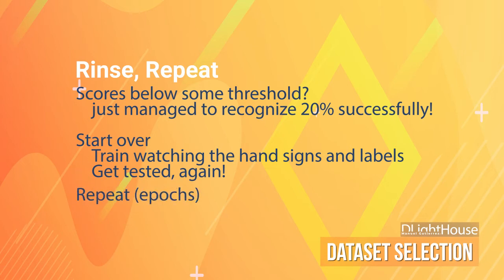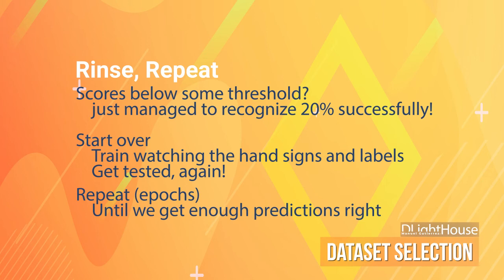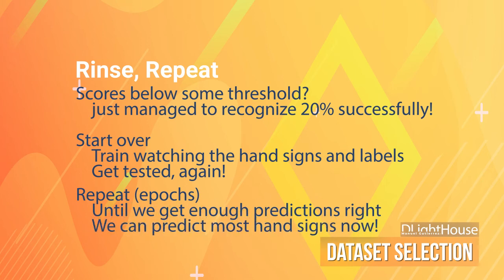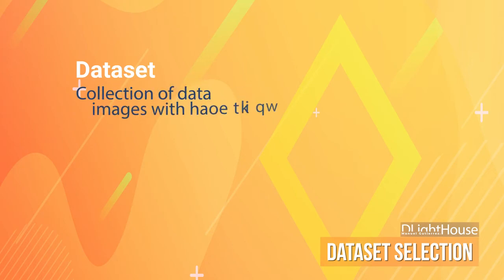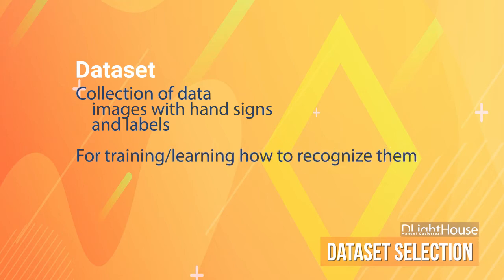The process repeats until we get enough right predictions to be able to say that we now know how to fingerspell a word correctly. A dataset is a set of data, or in this case, images, with signs and their respective labels so that we can start learning how to recognize them.